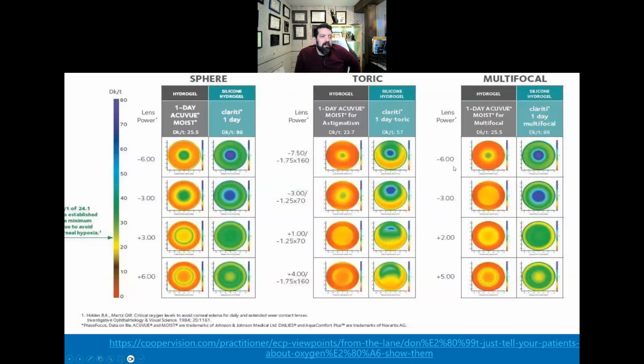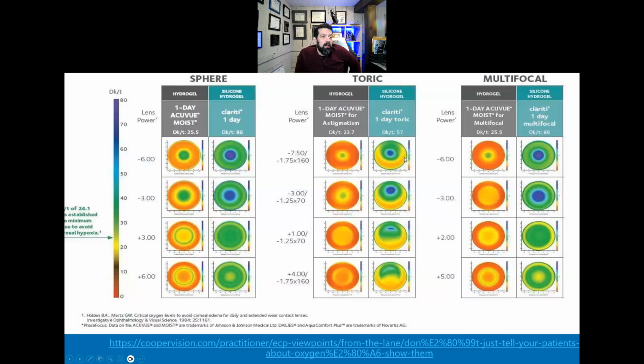I wanted to point out for you guys who are familiar with a toric lens, or a soft lens for astigmatism, notice how I have a great DK over T, a high oxygen transmissibility for the center that's really thin, but it gets thicker off to the edges. But we also have this prism ballast.